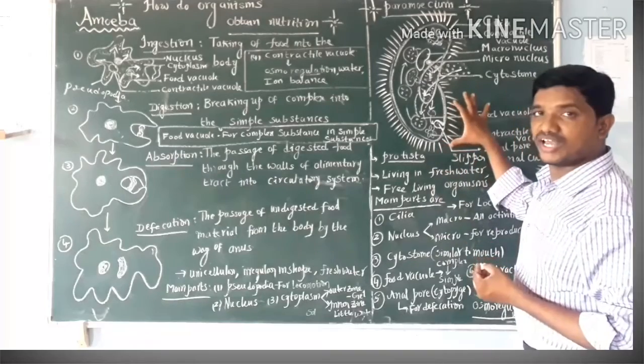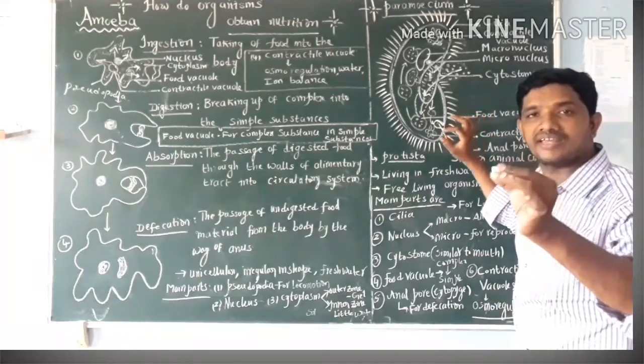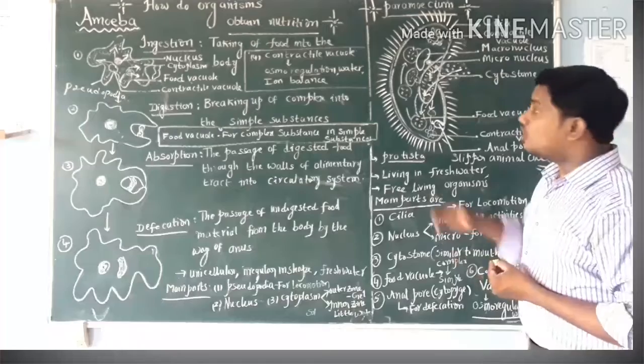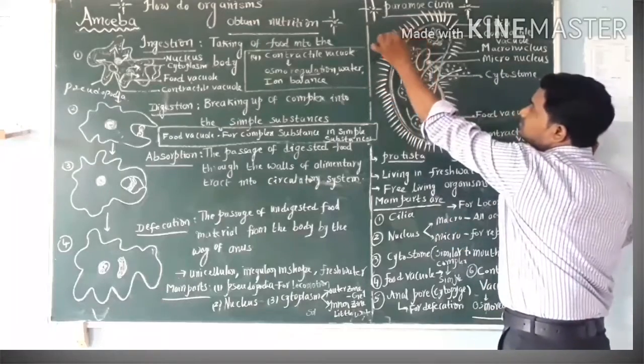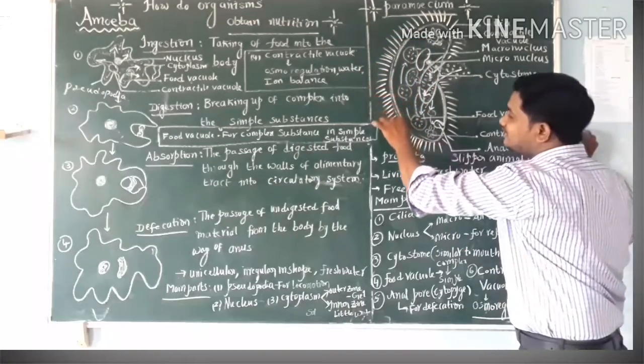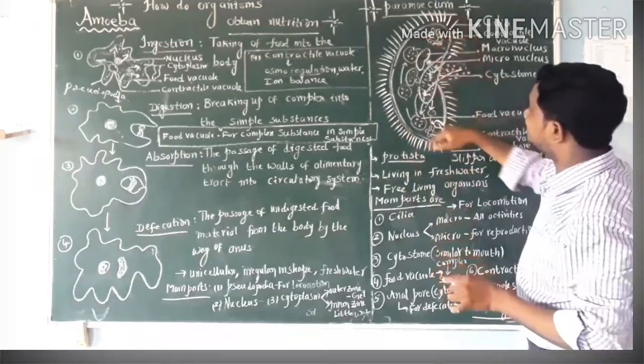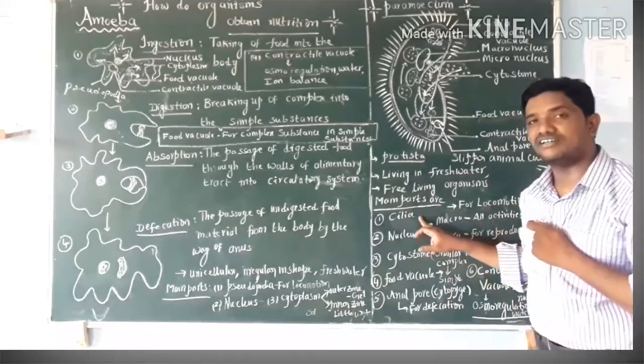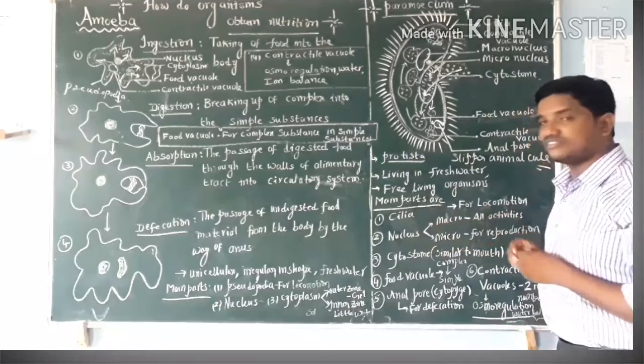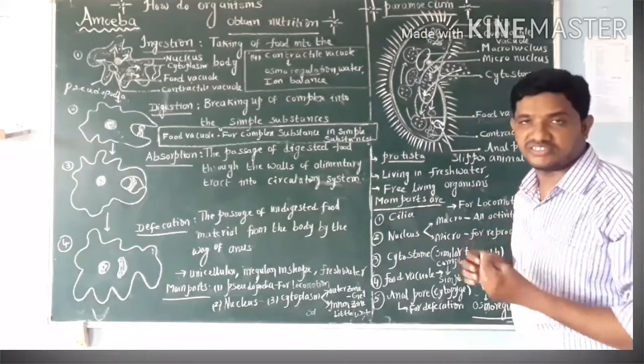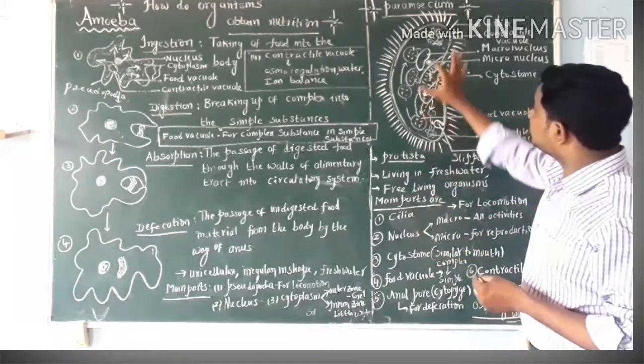So it is also called slipper animalcule. On the surface of the Paramoecium, it has cilia. This is the first part, cilia. It helps in locomotion.